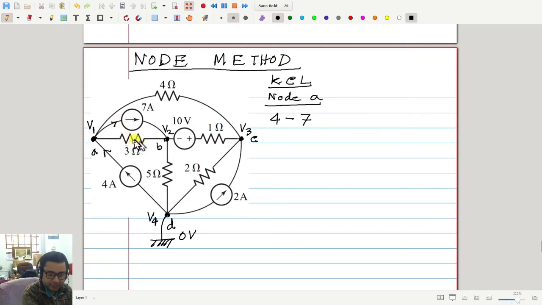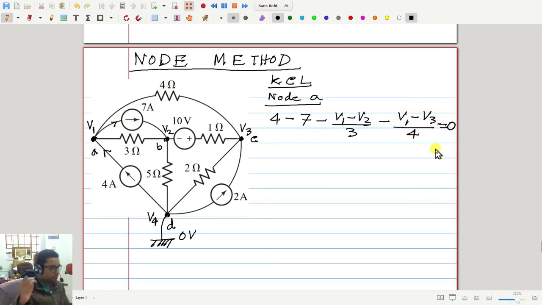In this branch, how much current is going out? That is (V1 minus V2) by 3. Then through this 4 ohm resistance, how much is going out? That is (V1 minus V3) by 4. And that together should be equal to 0.